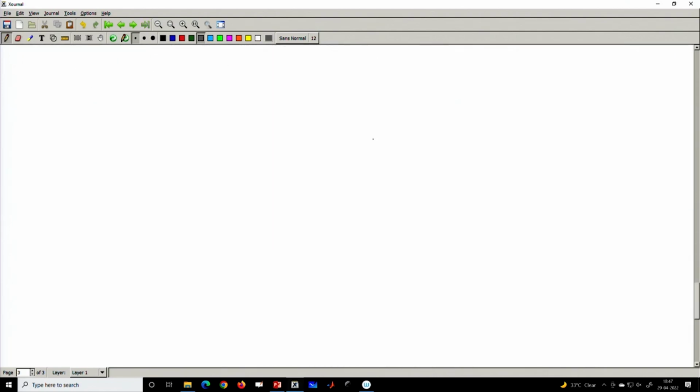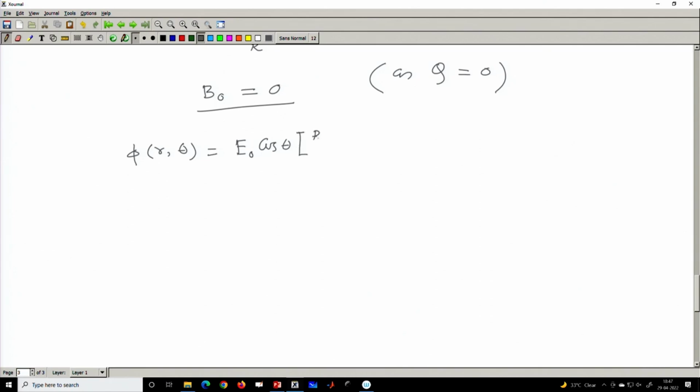So finally, I can get the value of phi as my final result: phi of r, theta is equal to E0 cos theta, r cube divided by r square minus r.